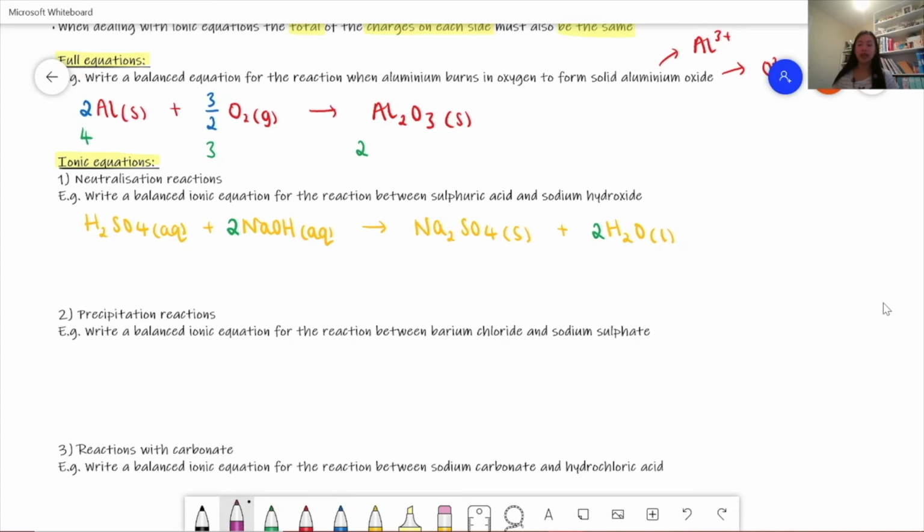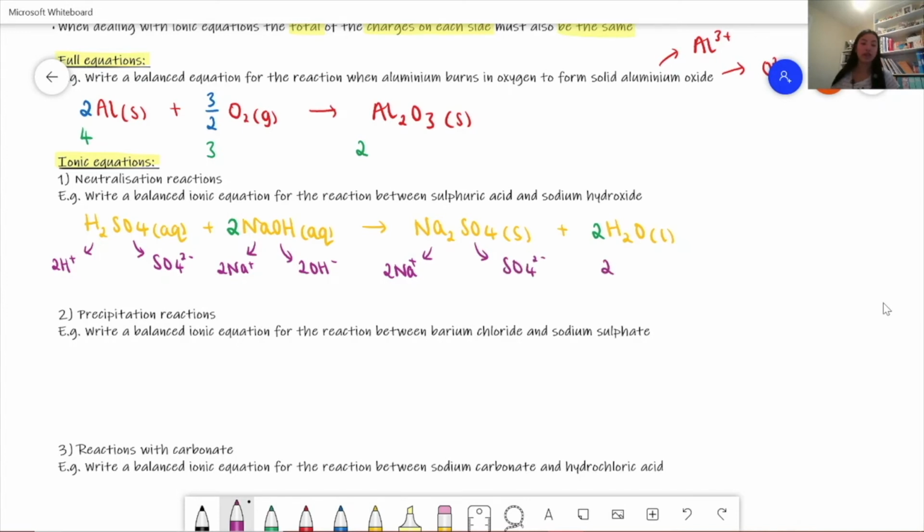And so the step we do now is to look at all the ions which are present in all of these reactants and products. So the sulfuric acid is made up of 2 of these H+ ions and a sulfate ion. And the sodium hydroxide, we have 2 of these Na+ ions and also 2 OH- ions because we've got 2 moles of sodium hydroxide. And then here we have 2 moles of Na+ ions and 1 mole of sulfate ions.